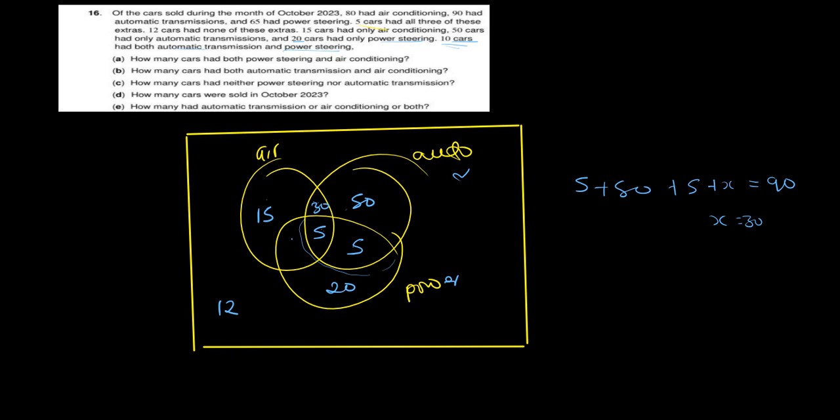So I need to get 80. So now I have 15 plus 5 plus 30. Alright, so that will give me 50. So 50 minus 80, that will give me 30 here. Alright, so that is it. So now we are good. This is how we were supposed to collect.